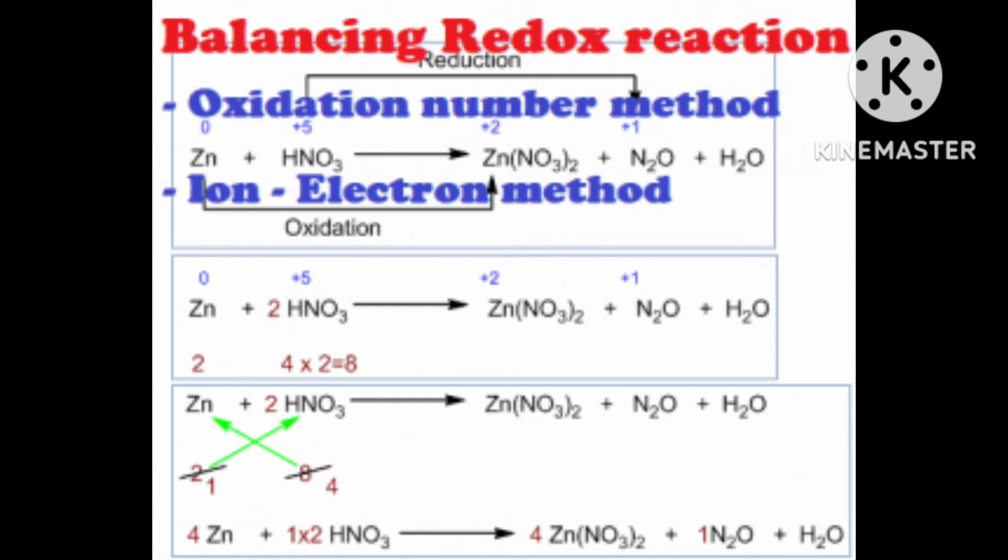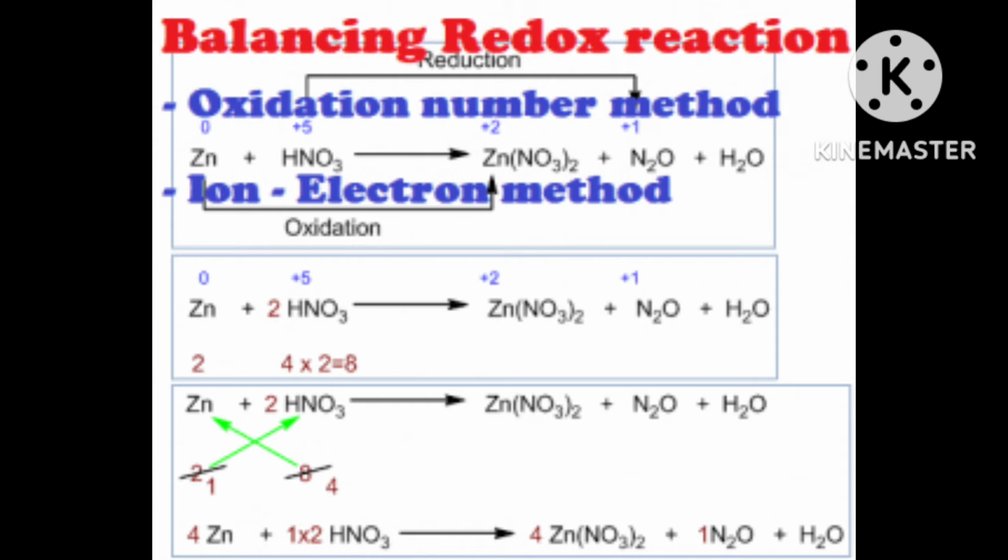And this side, how much have you calculated? On the chromium side, 7 into 2, 14 plus 2, 16, then 16 plus 24, it will become 40.